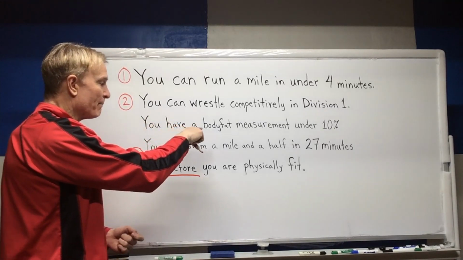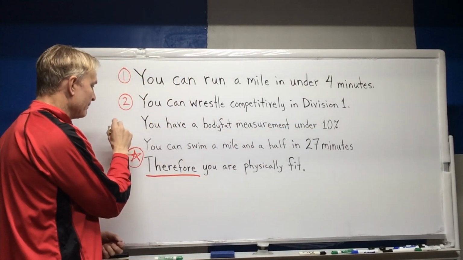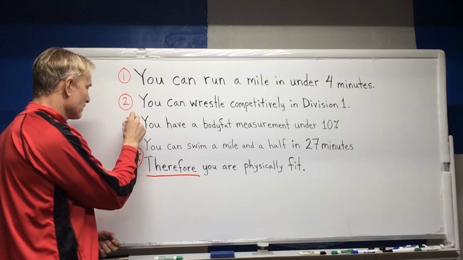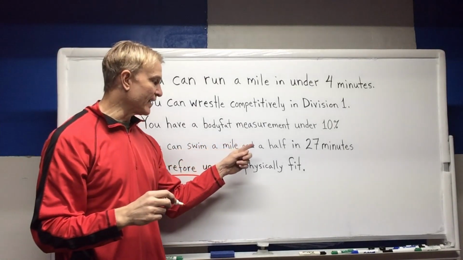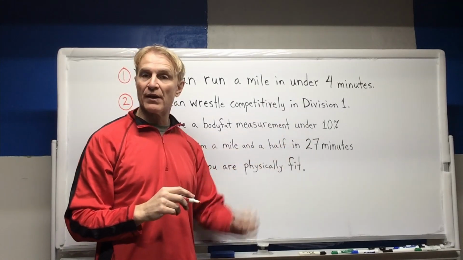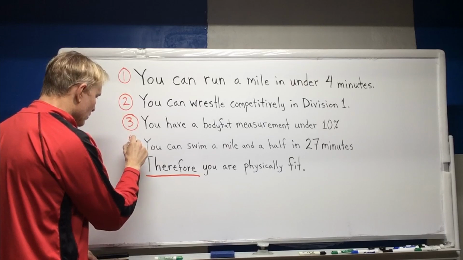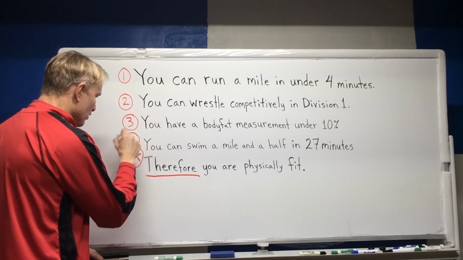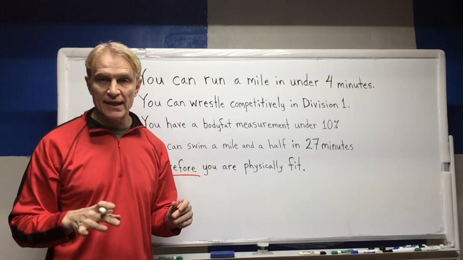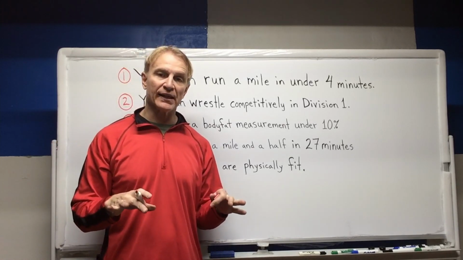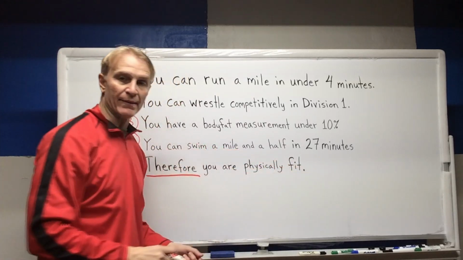You have a body fat measurement under 10%. Statement 3. And you can swim a mile and a half in 27 minutes. Statement 4. So we have 4 premises here. Now what we're interested to see is if they can independently support the final or the conclusion statement.